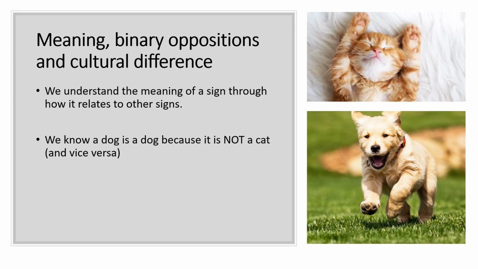What I'd like to do now is move on and begin wrapping up our podcast with a discussion of binary opposition and how binary opposition works to create cultural difference. So how does binary opposition work to establish cultural difference?